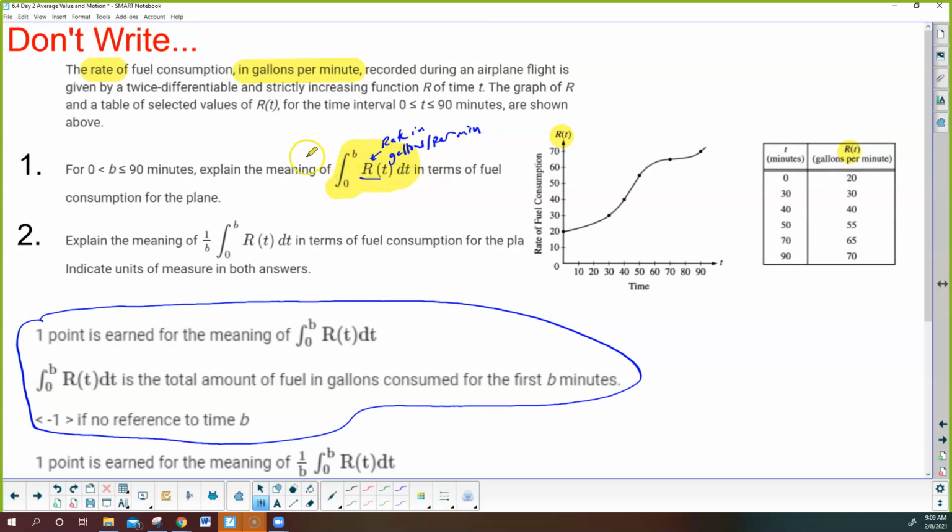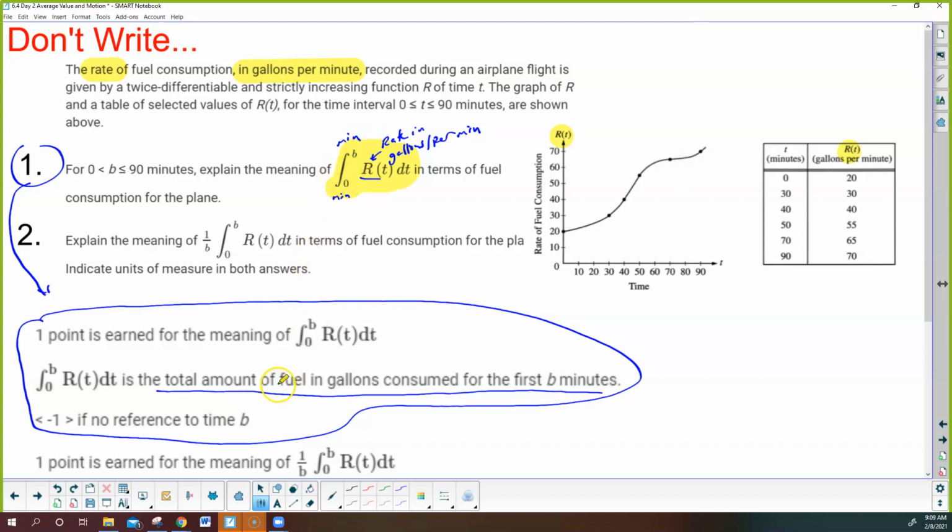So this is the total accumulation of fuel from time 0 to B in gallons. So you got 1 point if you said the meaning of this, which is the total amount of fuel in gallons consumed for the first B minutes. Now notice, -1, so you actually didn't earn any points if you didn't make a reference to how long that's been going. We know that we're going to start at 0 minutes to B minutes.